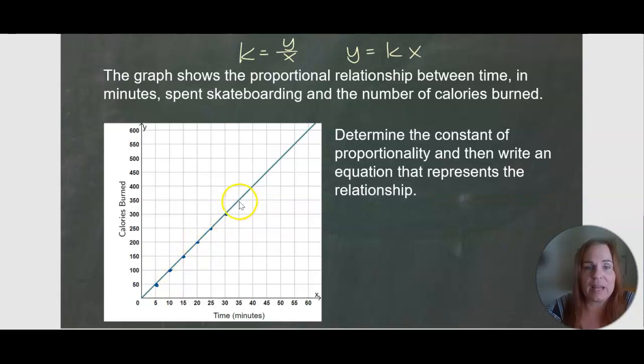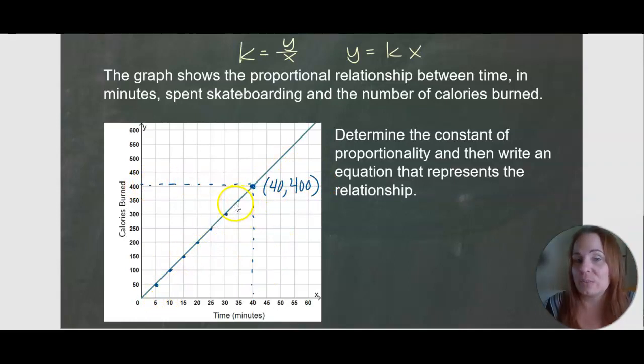And what I mean by that is, let's say I take this point right here. I can trace this point down and see that the x value is 40. And then I can trace it this way and I can see that the y value is 400, right?